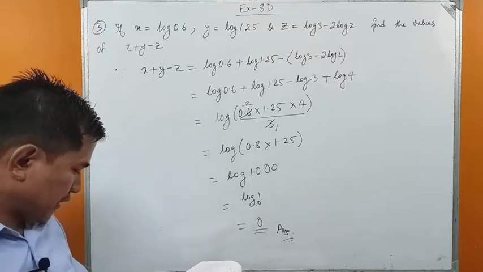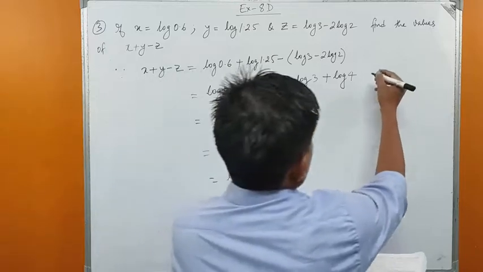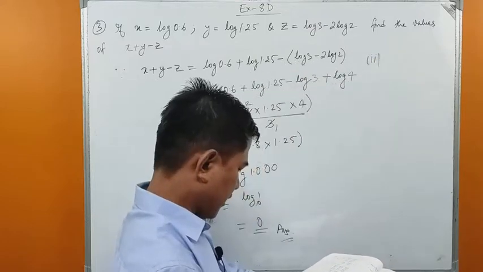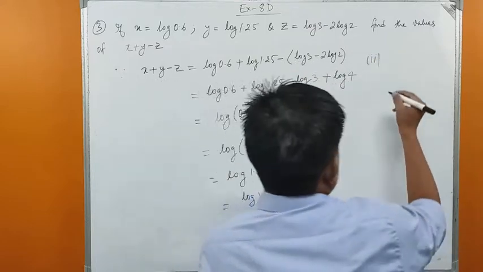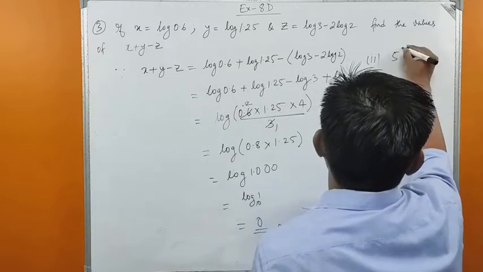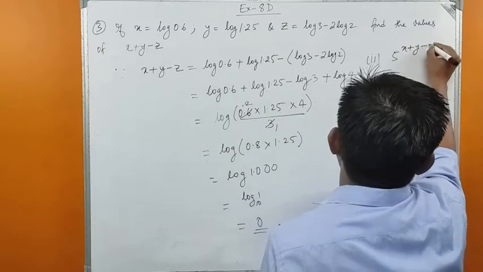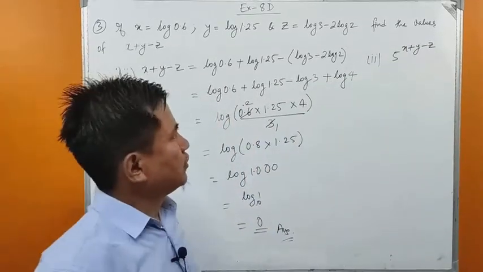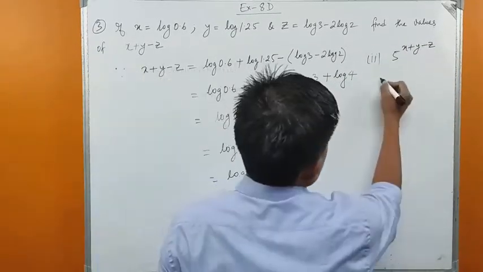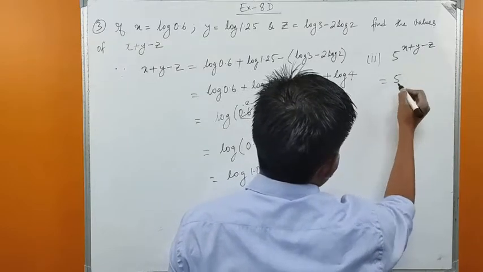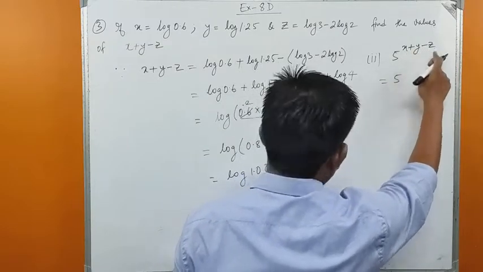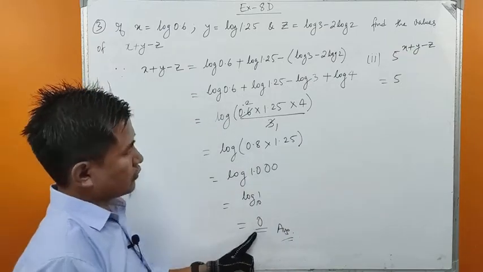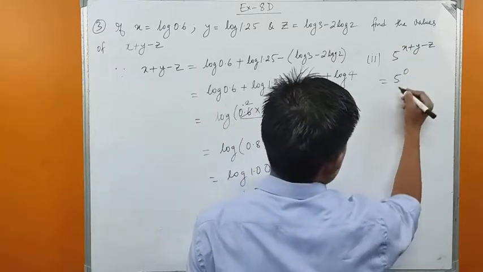Question number 2 is to find 5 to the power x plus y minus z. This equals 5, we write here as it is, to the power x plus y minus z. We found x plus y minus z is 0, so we put 0 here.